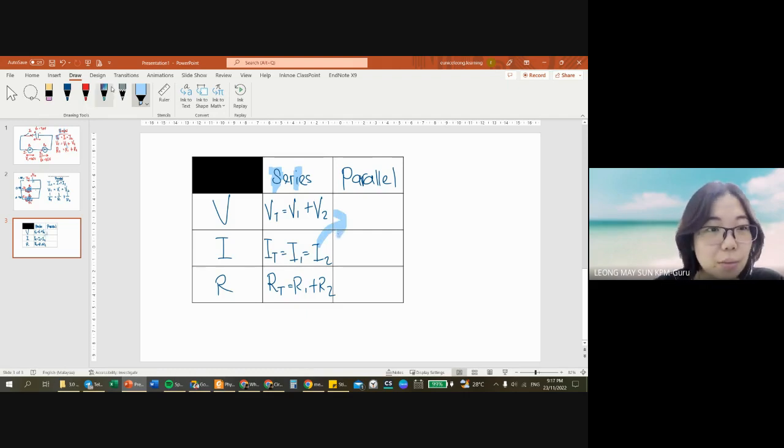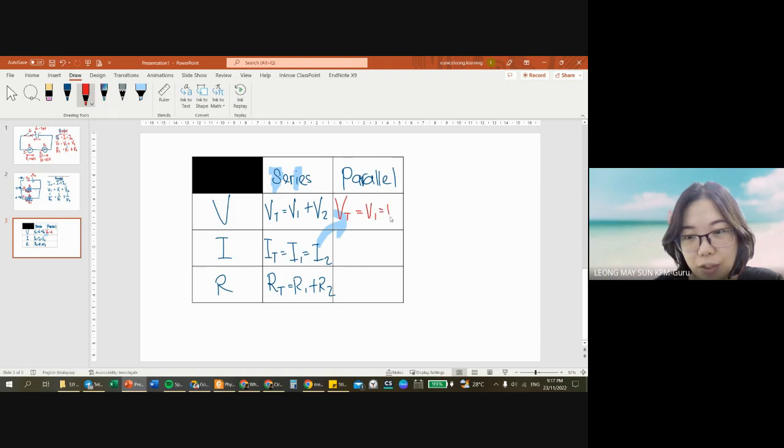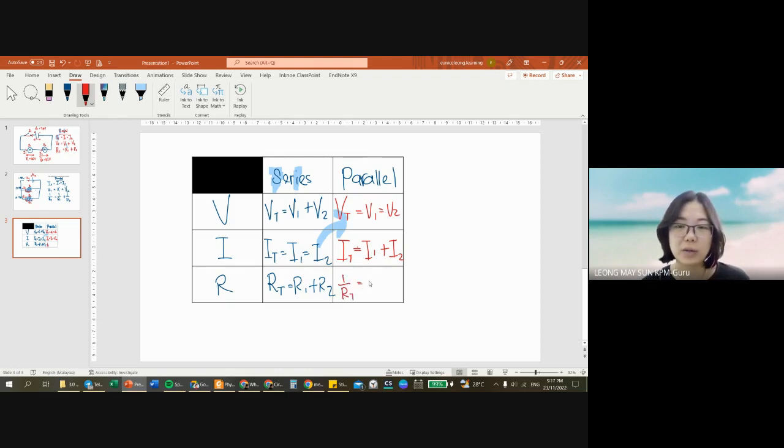For a parallel circuit, the potential difference is V1 equals V2, and the rest will all add up. So I total equals I1 plus I2. Resistance in parallel is above and below, which looks like a fraction. So 1 over R total equals 1 over R1 plus 1 over R2. This is how I simplify, I put the information into a table.